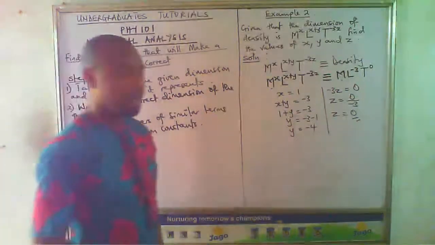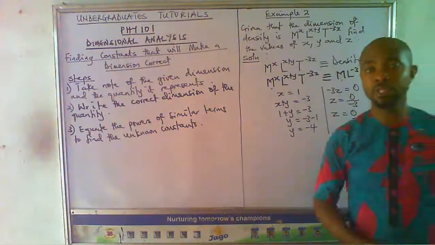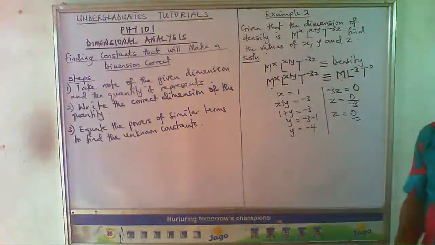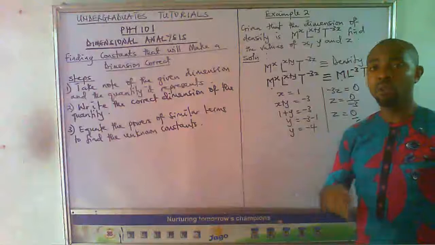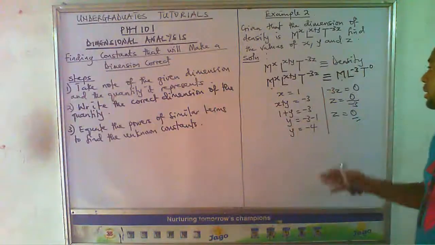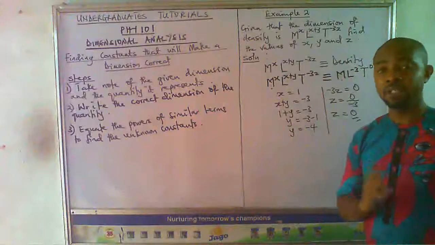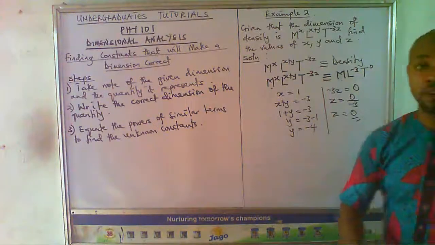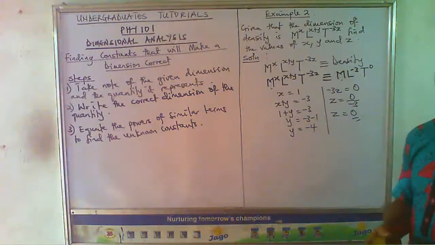But remember that we are not going to leave you without giving you some takeaway questions that you need to solve, so that we know whether you understood what we have done so far as far as this aspect of dimensional analysis is concerned. We just have to give you 2 questions.